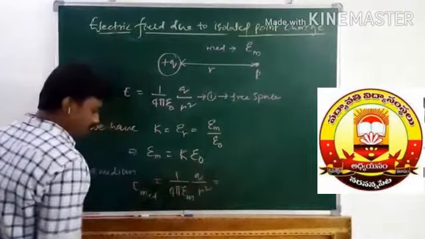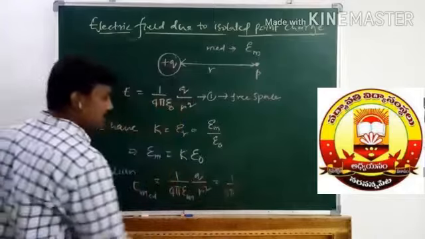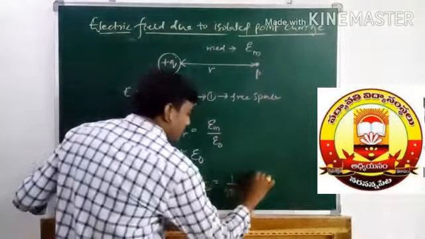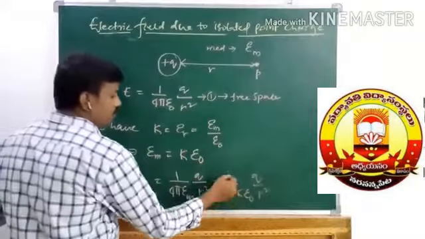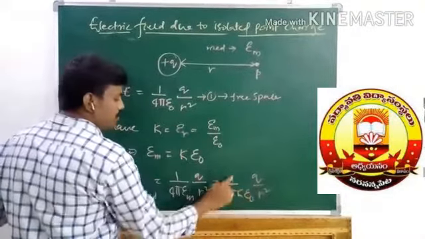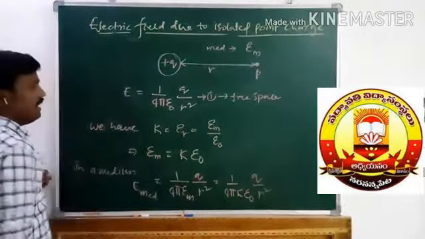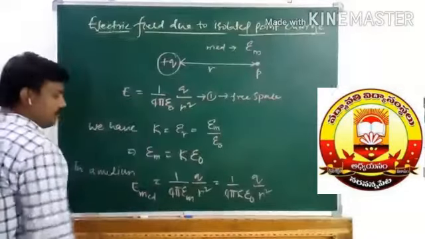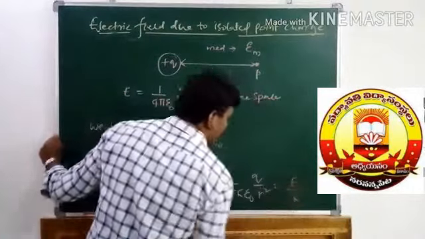Now it will turn into 1 by 4 pi K epsilon naught multiplied by Q by r square. So we all know 1 by 4 pi epsilon naught into Q by r square is nothing but your E, the electric field intensity in free space. So you can replace that and you are left with E by K.